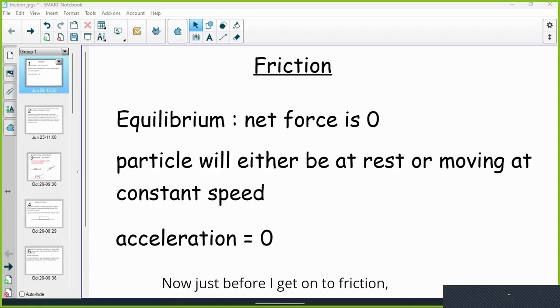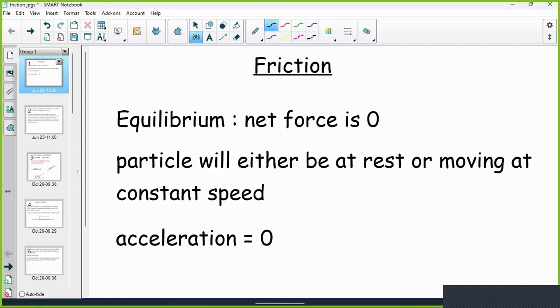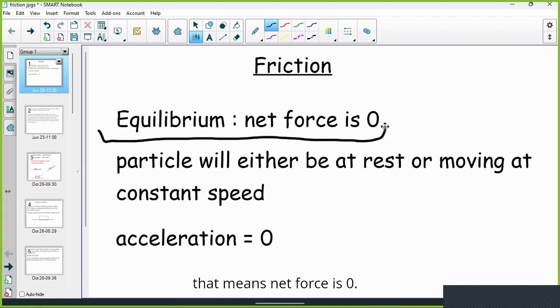Now, just before I get on to friction, just one concept that we need to cover, which we might have done, but just a quick recap. When a particle is in equilibrium, that means net force is zero. What that means is your acceleration will be zero.